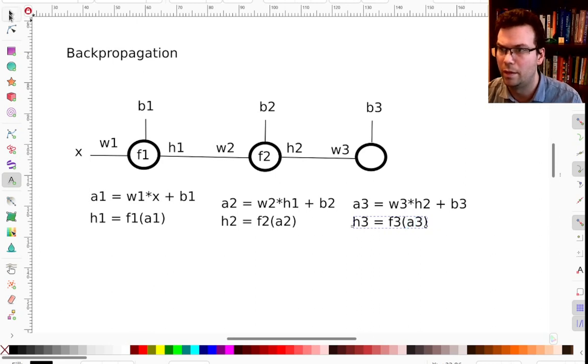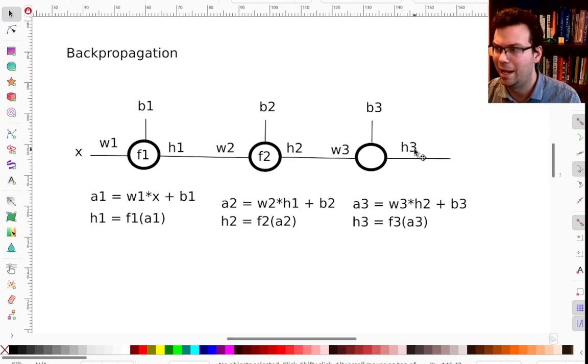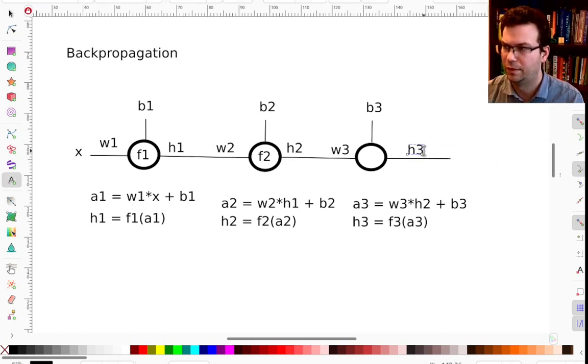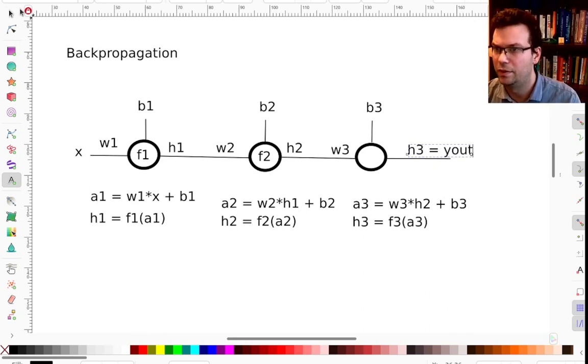So hopefully you see that pattern now. So out of this, we're going to have H3. And actually, I'm going to have a special name for H3 because it's at the end of my network here. I'll call this Y out, or maybe Y est is what I've been calling it elsewhere in code.